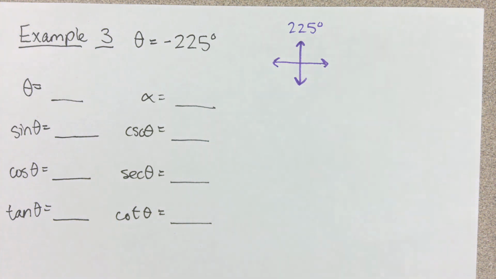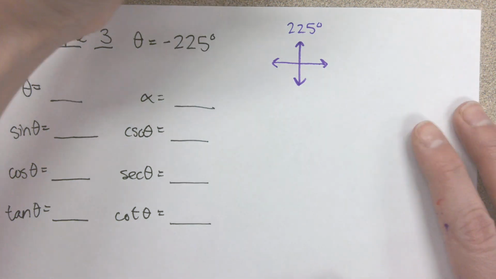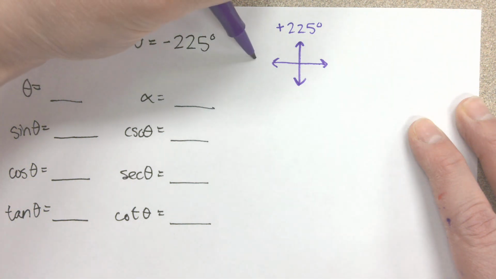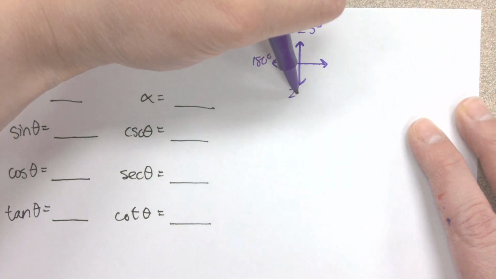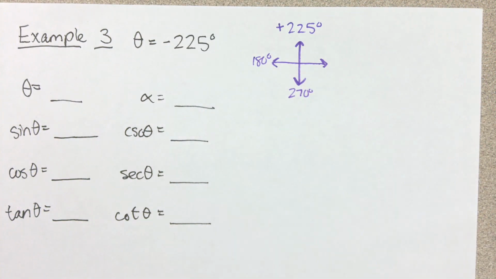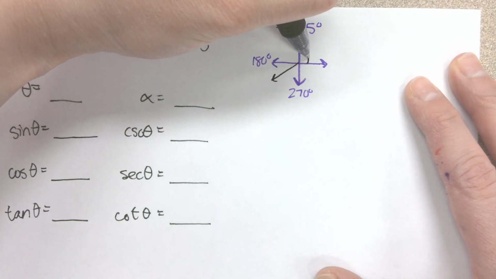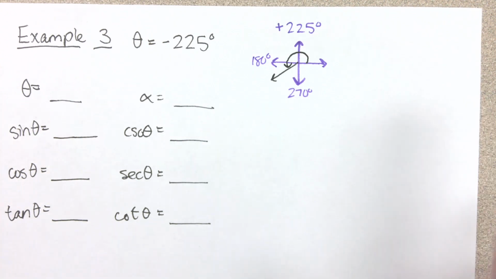If we did positive 225 degrees, we have 180 here, and then the bottom is 270, so that would put us in the third quadrant. So if we go the correct direction, 225 puts us in quadrant 3.